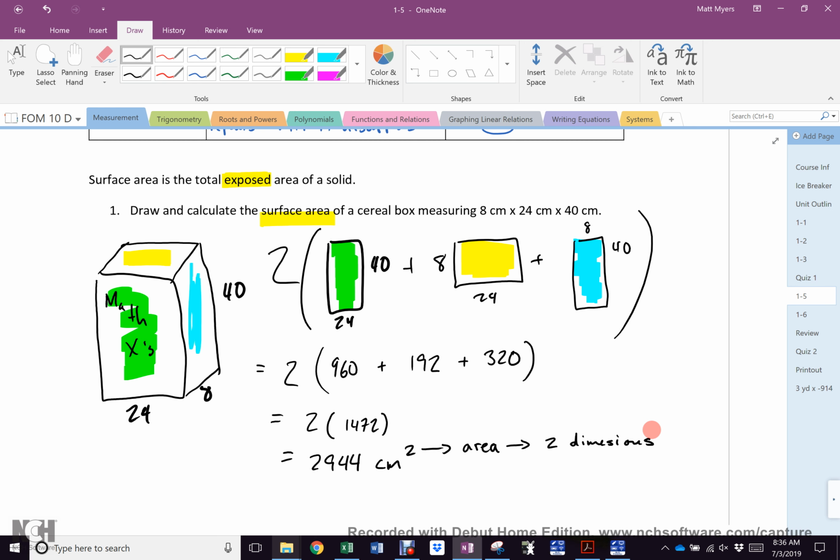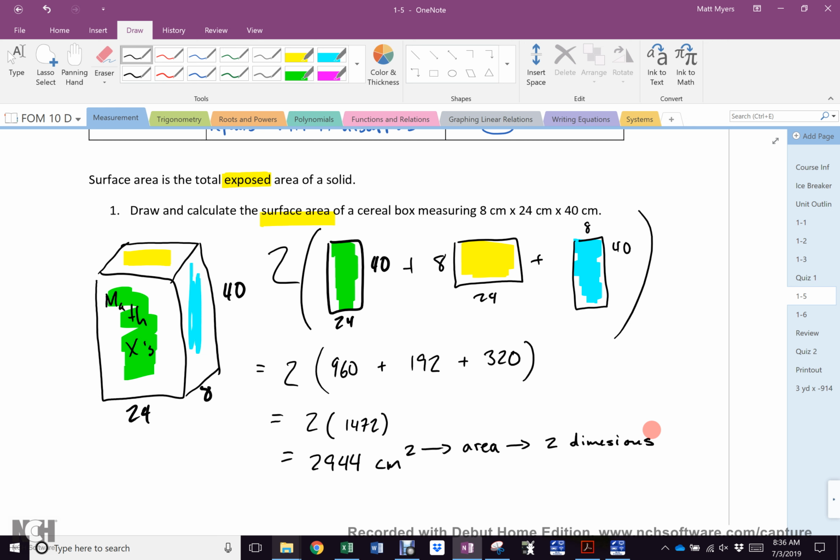But if I lie down and you say height is up and down, then this becomes my height. And I know I'm fat, but I'm not 5'8", right? Everybody understand? So you have to be careful with how you label these things. I know that most often when kids see the letter H or the word height, they think up and down. But it isn't always that, because you can always turn the shape around.